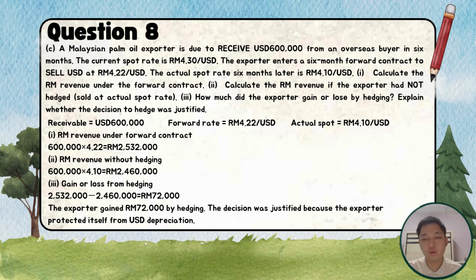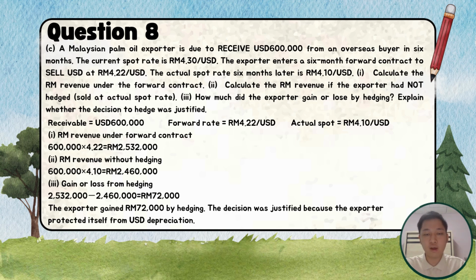Second, I calculate the ringgit Malaysia revenue without hedging. If the exporter did not hedge, the US dollar would be sold at the actual spot rate of RM 4.10. So US dollar 600,000 multiplied by RM 4.10 equals RM 2,460,000. Next, I compare both amounts.